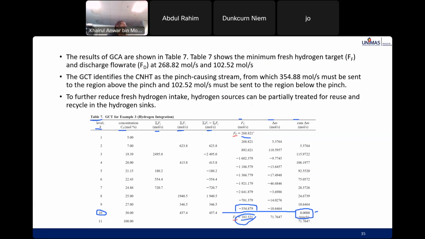So how did they come about this value? Actually, they prepared the gas cascade table. From there you can get the interval fresh gas flow rate, FFK, the most negative value, to be the new fresh feed flow rate here.